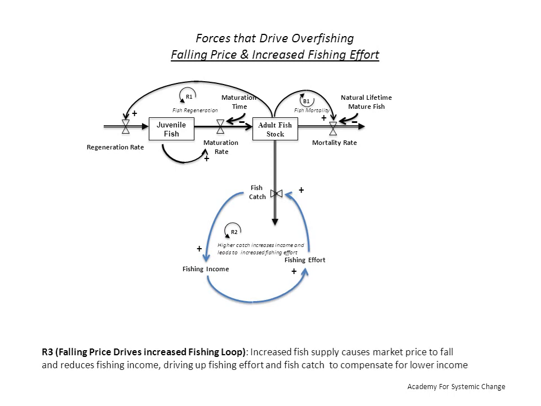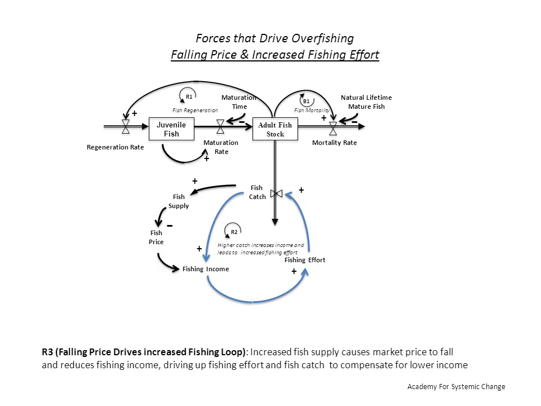This next slide describes a different set of forces that also drive overfishing, arising particularly in the developing world from instability of income. When fish catch continues to rise, rising fish supplies can drive prices down.